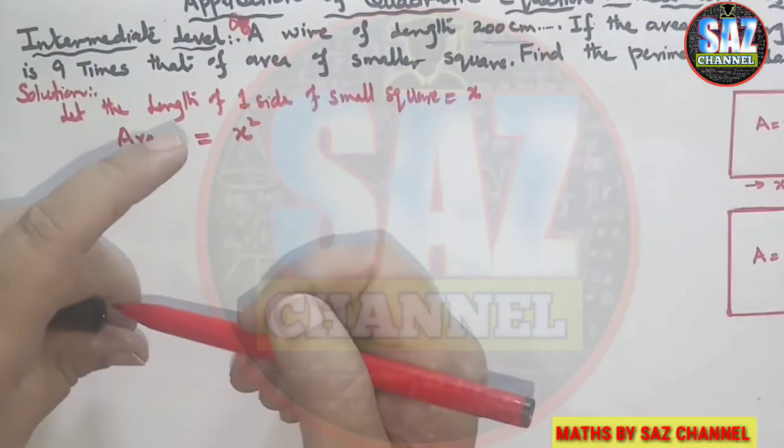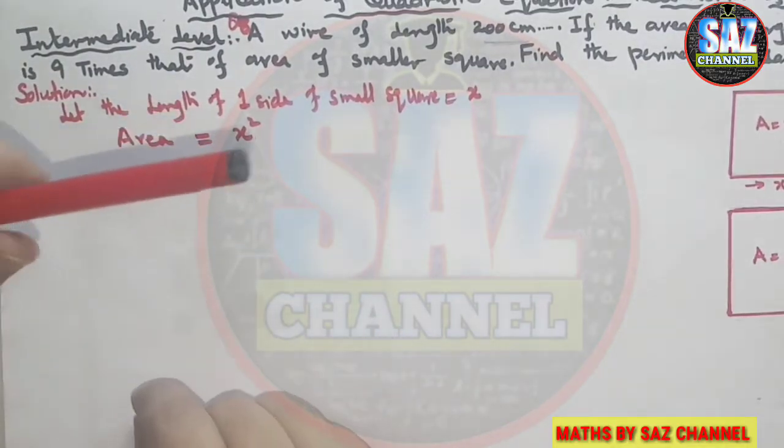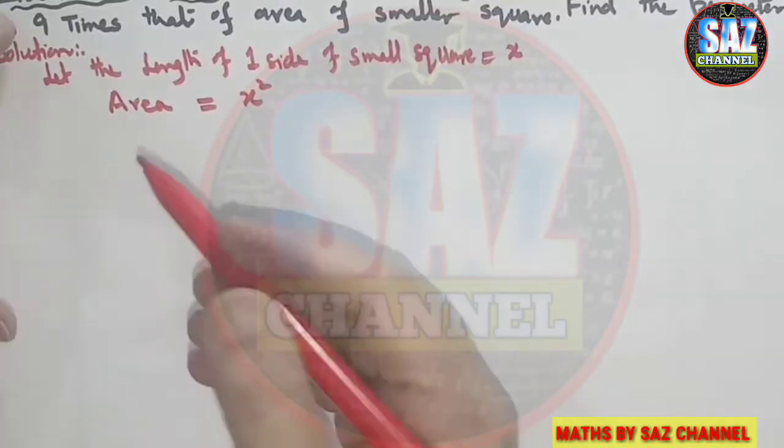Now we have to read the second condition of the question, that area of larger square is 9 times the area of smaller square.